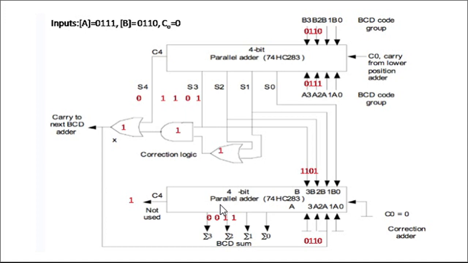If the sum is less than 9, then there is no need to add the 6. In this way we can execute the BCD adder. This is very important, and the concept is very interesting. Binary coded decimal number. Okay, thank you.